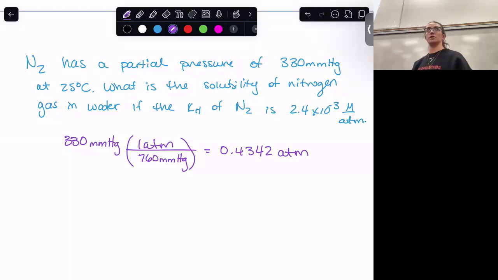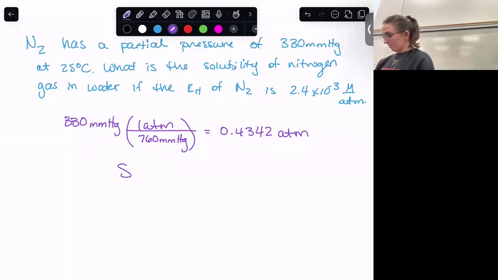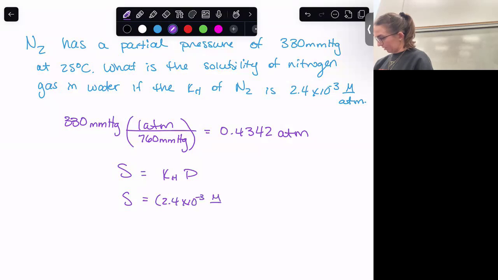How are we going to solve for the solubility? Perfect, we're just going to use our equation. Solubility is KH times pressure, so we have 2.4 times 10 to the negative 3 molarity over ATM times 0.4342.